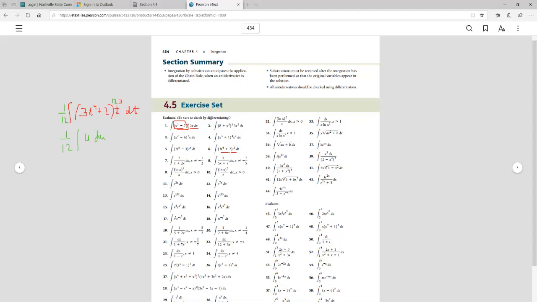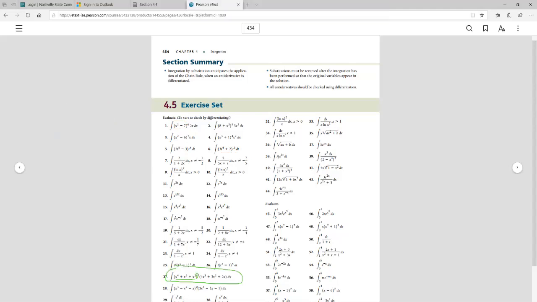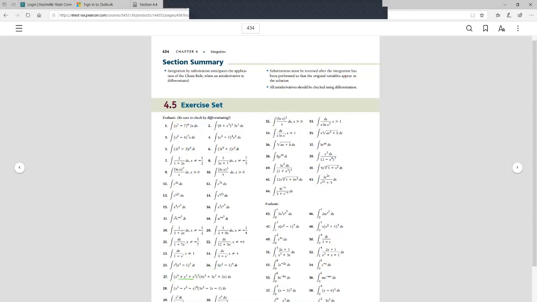Another way you could do this problem is to simply go back, and if you can do this, that's great. You could rewrite, and if you let x to the power of 4 plus x cubed plus x squared be u, then the derivative would be 4x cubed plus 3x squared plus 2, which happens to be all of this here. So 27 is actually easier than I thought.